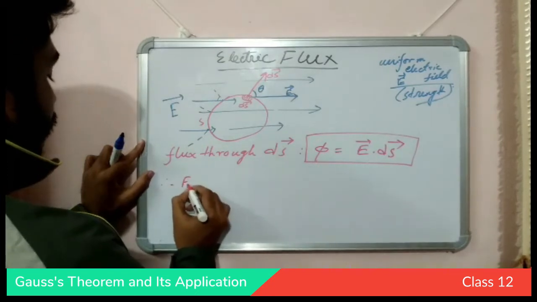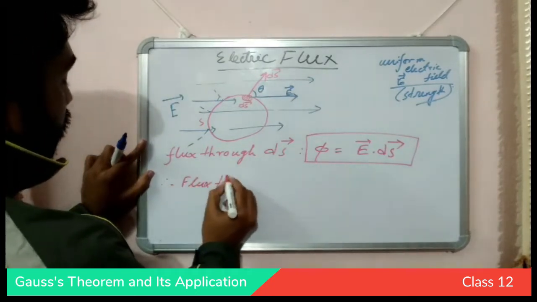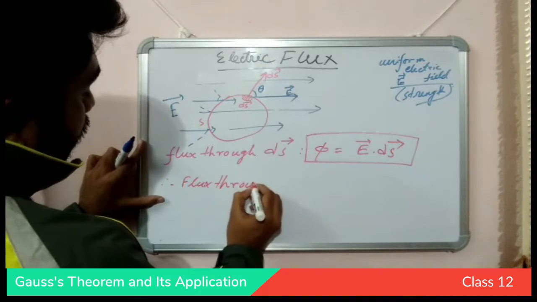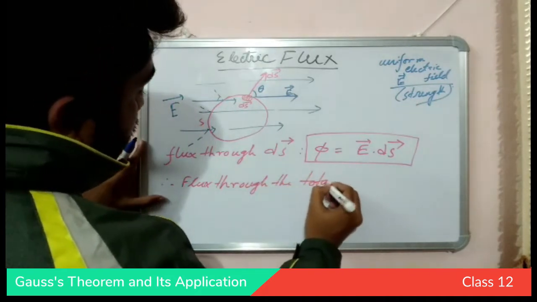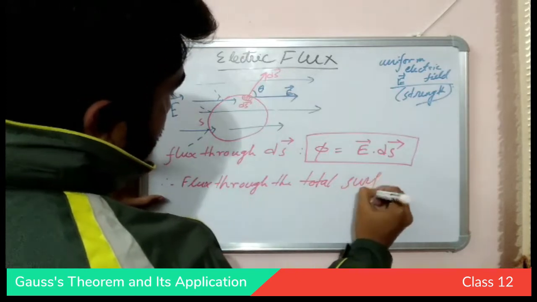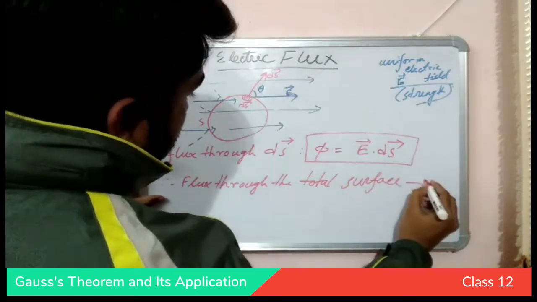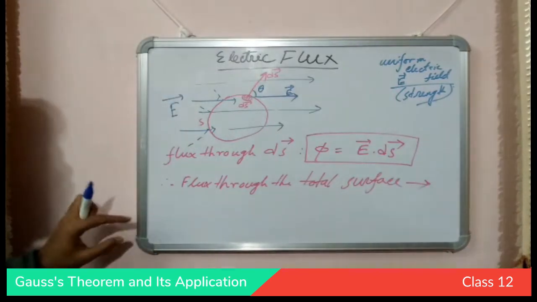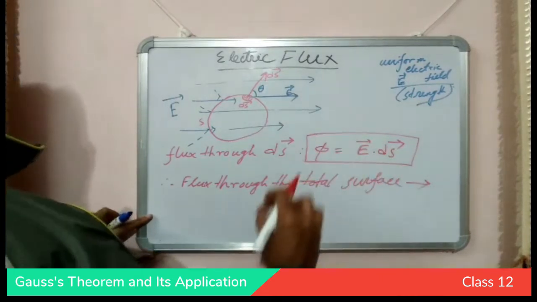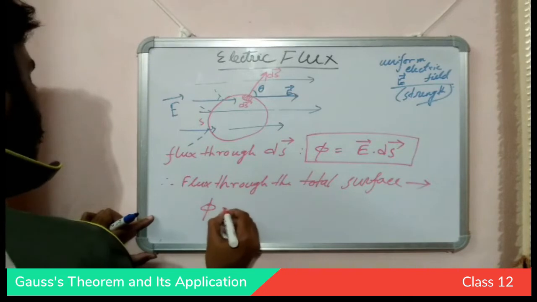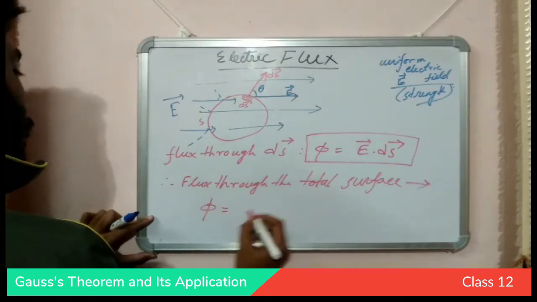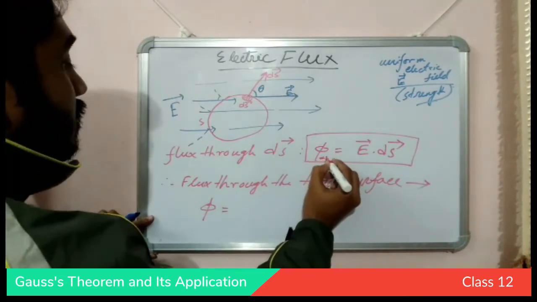Therefore, flux through the total surface, we will integrate this quantity. This is phi is equal to, suppose this is phi ds.